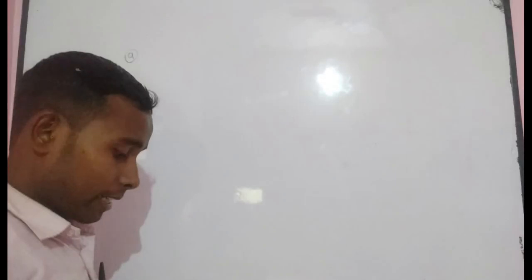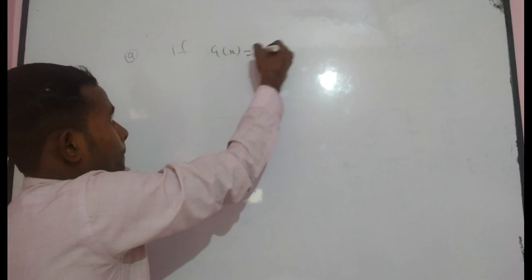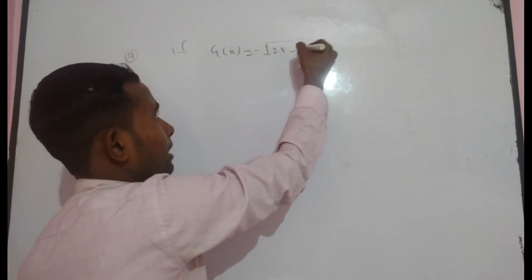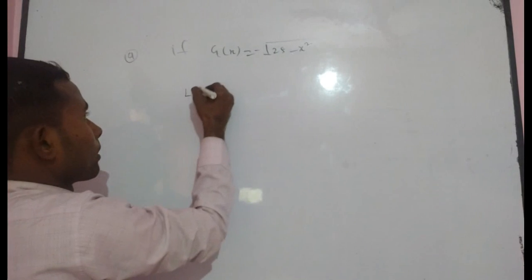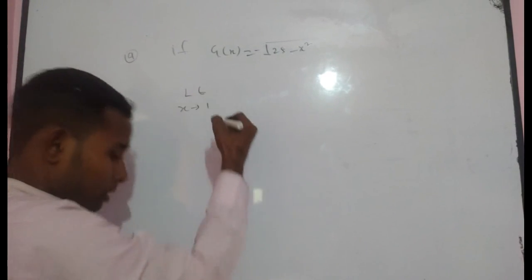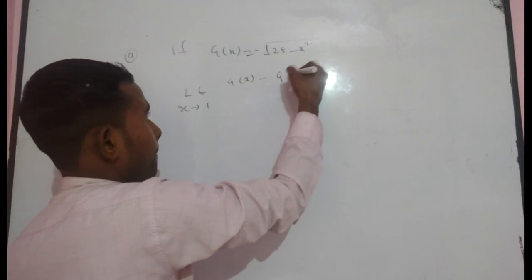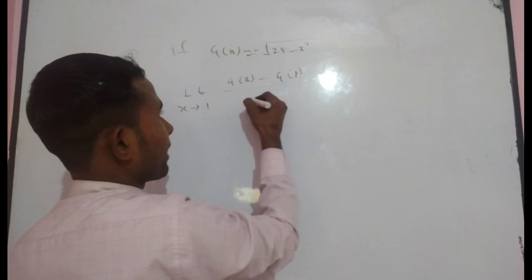If g(x) is equal to under root 25 minus x square, evaluate limit x tends to 1 of g(x) minus g(1) divided by x minus 1. You have to find its value.